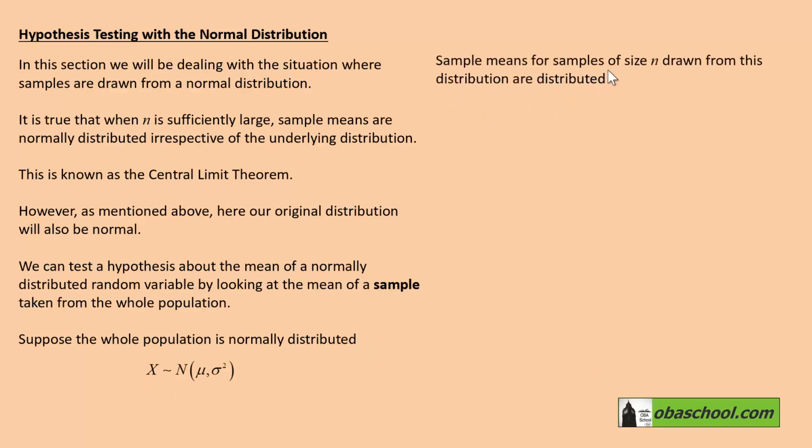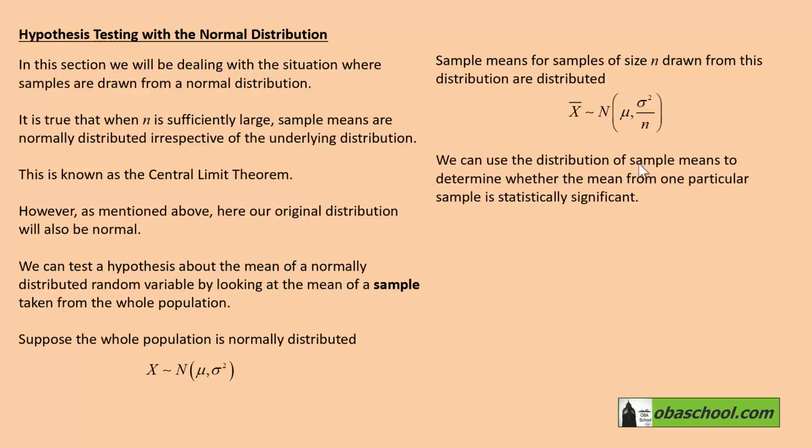Sample means for samples of size n drawn from this distribution are distributed thus. You can see that x bar denotes the mean. You can see that the mean is the same, it's mu, but the variance is now sigma squared over n as opposed to sigma squared.